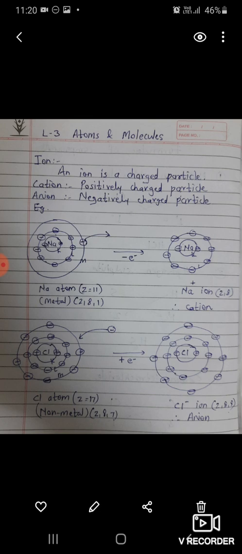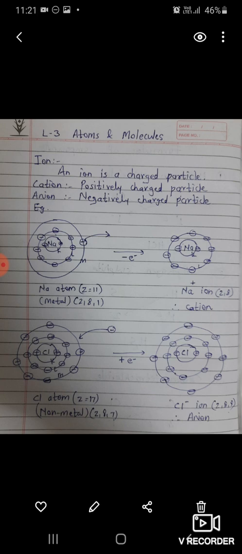It gains 1 electron to complete its octet, and it becomes the chloride ion, Cl minus ion. As it is a negatively charged particle, it is called an anion. You can see the electronic configuration of the chlorine atom is 2, 8, 7 and of the chloride ion is 2, 8, 8. So that's the difference between an isolated atom and its respective cation or anion.